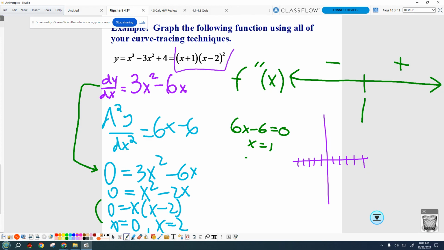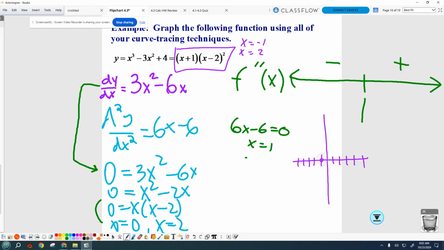What did we know about this? That x equals 1, x equals 2 are the zeros. Okay, from algebra 2 and pre-cal, where the function itself is 0, we know it hits the x-axis. That this is a double root, what do you know? Goes back up. It bounces. So it's gonna touch down and go back up.